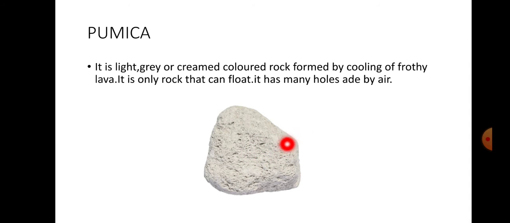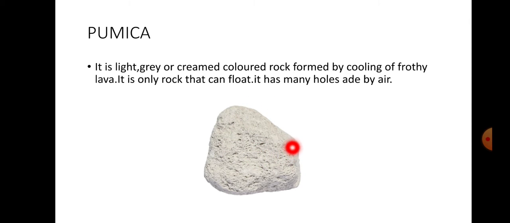Due to these holes and the air, the rock is very light in weight and floats on water. This is the speciality of pumice stone. The air is trapped between the layers when the formation takes place. That's why it is very light in weight.